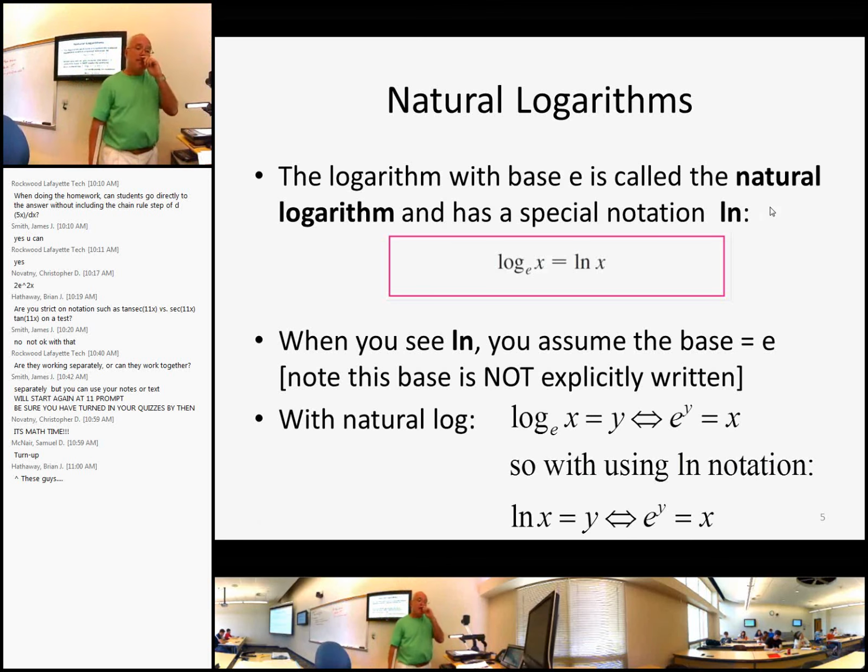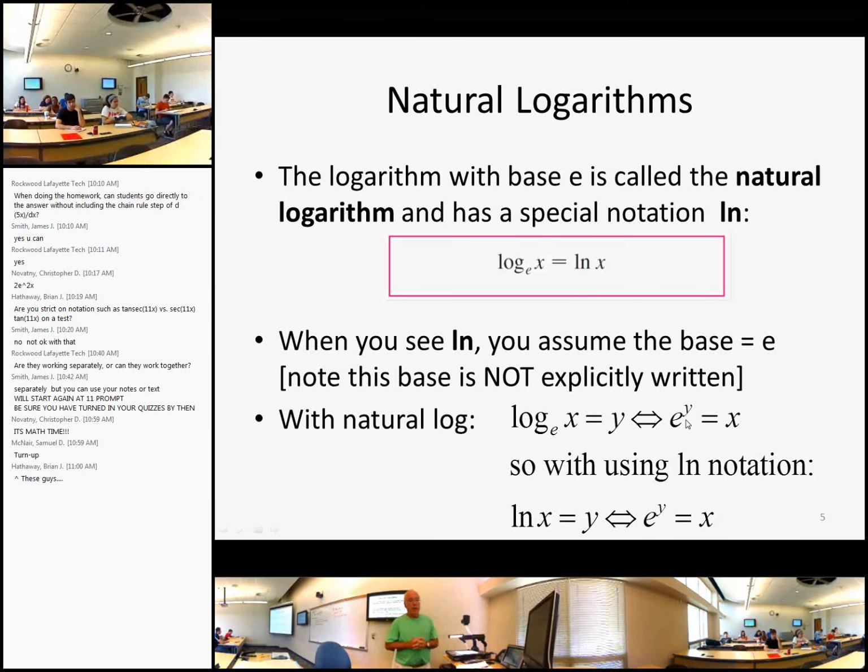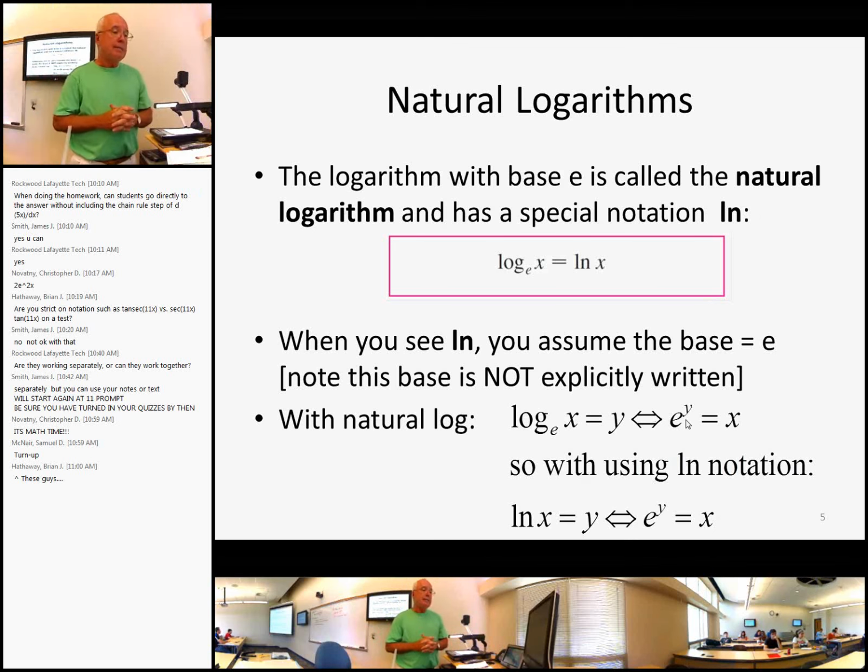Now, we have the same cancellations here with the natural log. The natural log is the inverse of the exponent function with the base e. So the natural log of x equals y is equivalent to e to the y equals x.